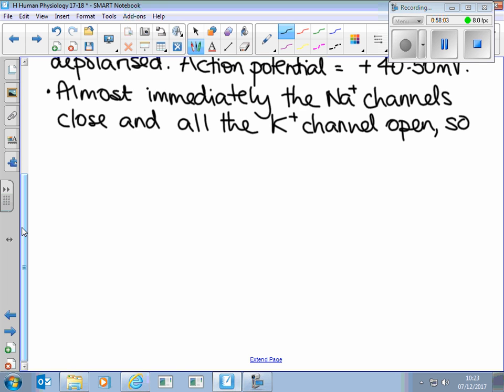So potassium ions flood out, repolarizing the membrane.